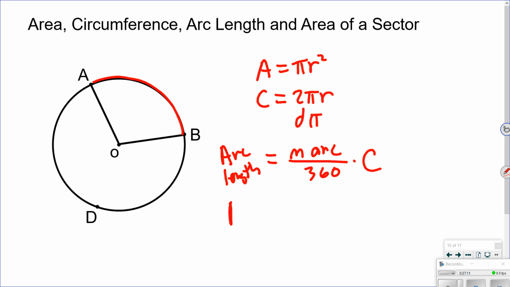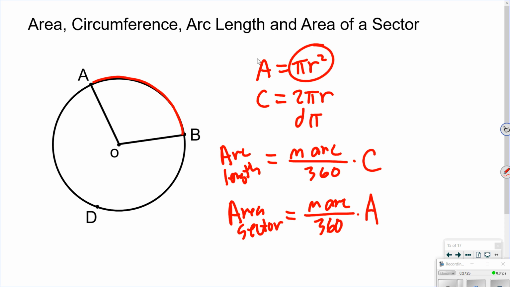If you want to find the area of a sector, we take the measure of the arc over 360, just times it by the area, so times it by that pi r squared up there. So those are your 4 formulas. There's a lot of formulas, a lot of theorems in this chapter, and that's why we're going to use a note card. So make sure you have a note card filled out before you take the test.